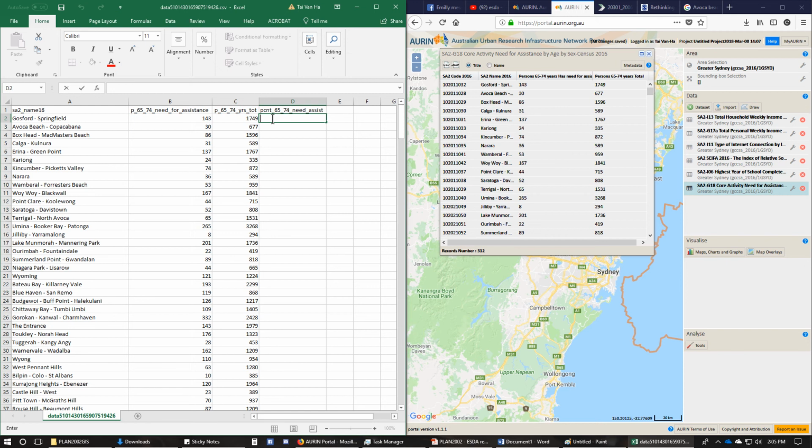So what you need to do is equals, bracket your initial out of your total. You need to close the bracket and then times by 100, and then close that bracket again and then times by 100 to make it a decimal.